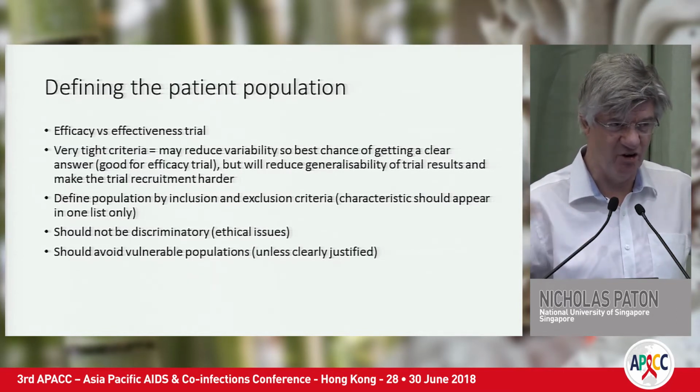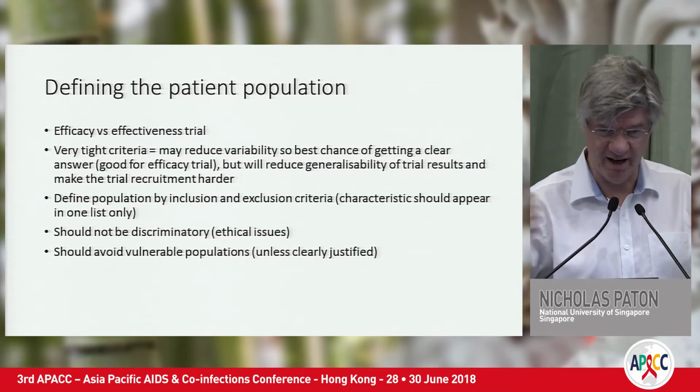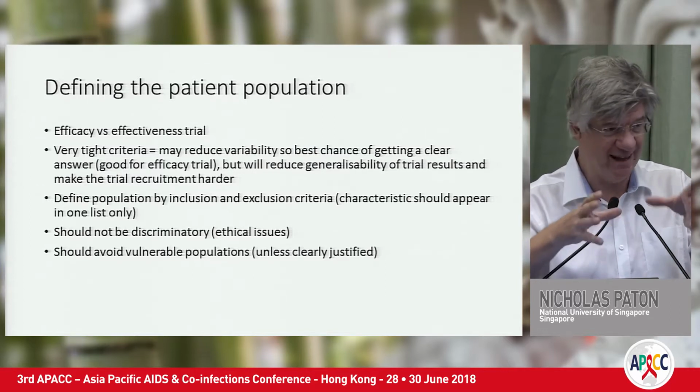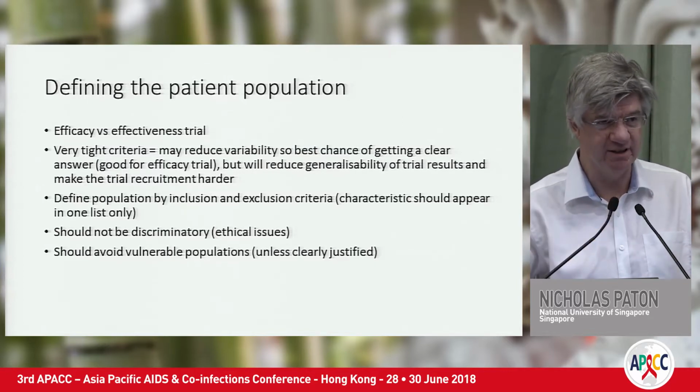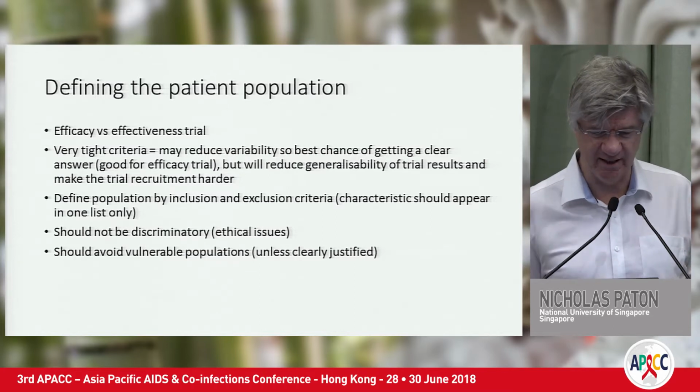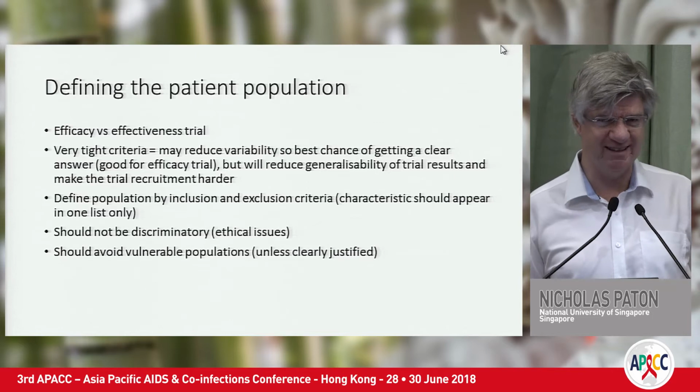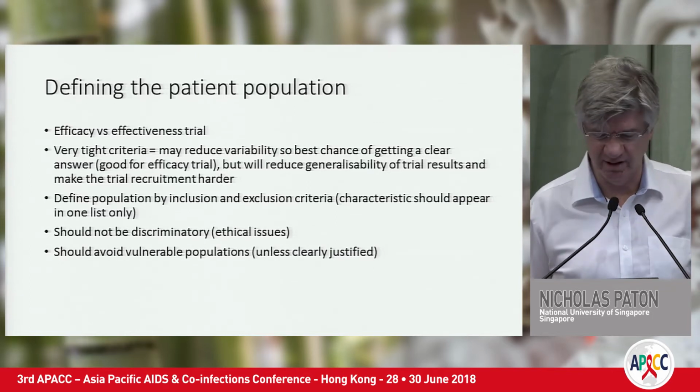Which makes it non-generalizable to the general population that needs that intervention, right? So it was great for a pharma trial to design it in that very tight way, absolutely hopeless for program settings. So that was different to an efficacy trial where they wanted to prove that dolutegravir was better versus something that was useful in real life.